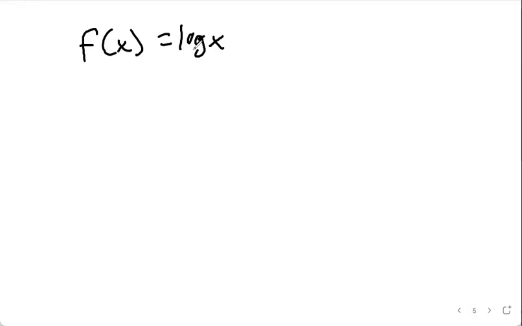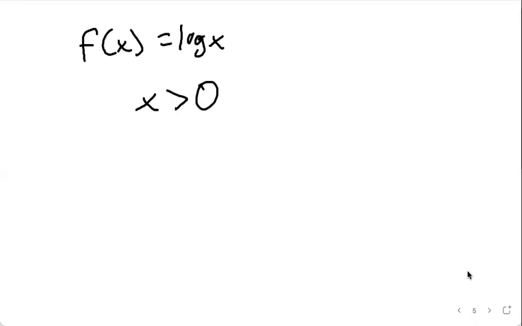Well, I can't plug in negative numbers. I can't plug in 0. So I guess I'm only allowed to plug in real numbers that are greater than 0. In other words, positive real numbers. So this would be my domain: real numbers greater than 0, or positive real numbers.